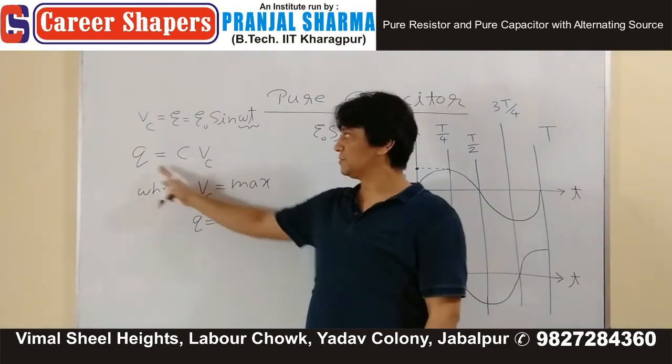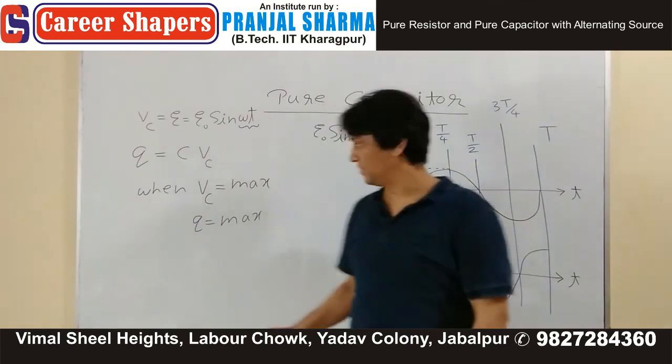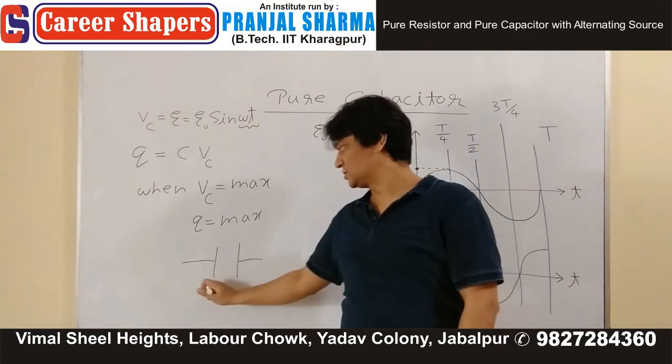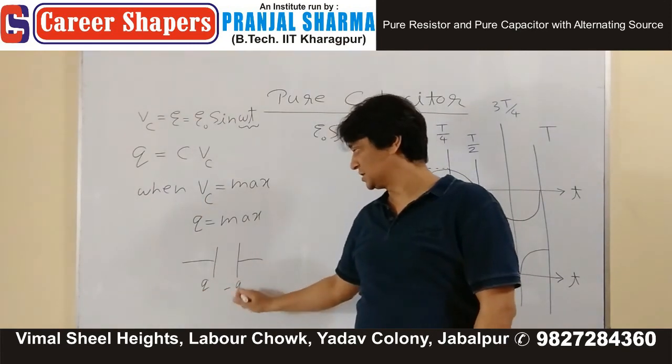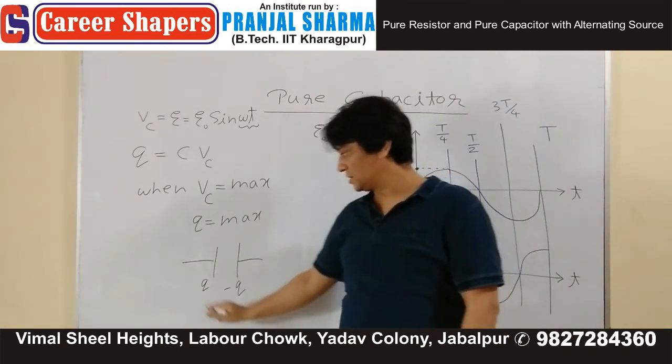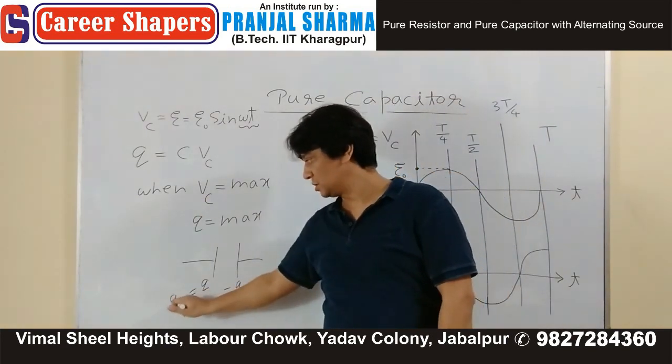When VC is max, Q is also max. They are in the same phase. So look at this capacitor. It has got charge Q and it has got charge minus Q. At one point you are saying that this Q is Q naught.